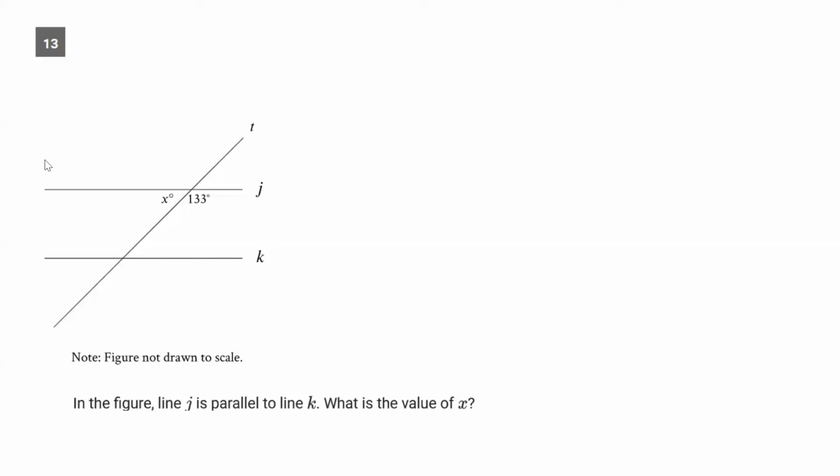Okay, so in parallel lines, what is the value of x? So the parallel line actually doesn't play a role here because both angles we're looking at are on the same line. But sometimes parallel lines do help. But x and this one make a straight line, so that means they add up to 180. So it's going to be x plus 133 equals 180. Again, you don't need to write that line.